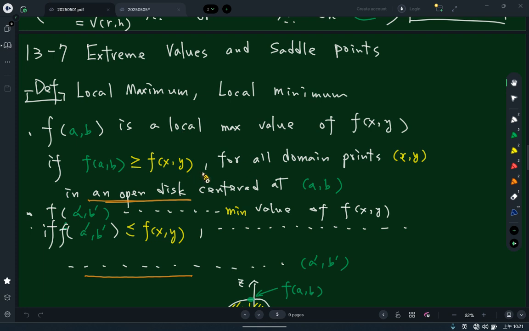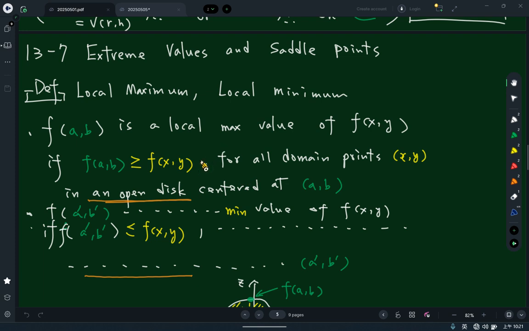That will form a two-dimensional area. In the past, for single variable functions, we just focused on the x-axis and an open interval. But right now it's two variables, so we just focus on a plane region.